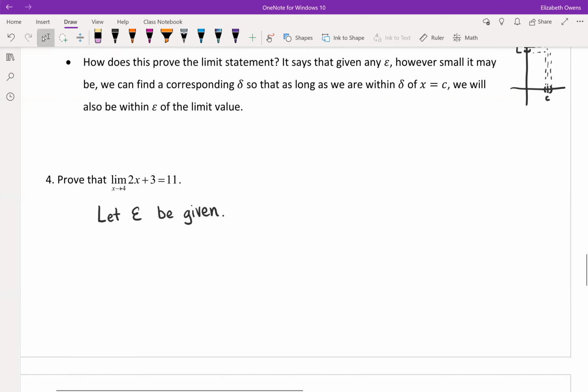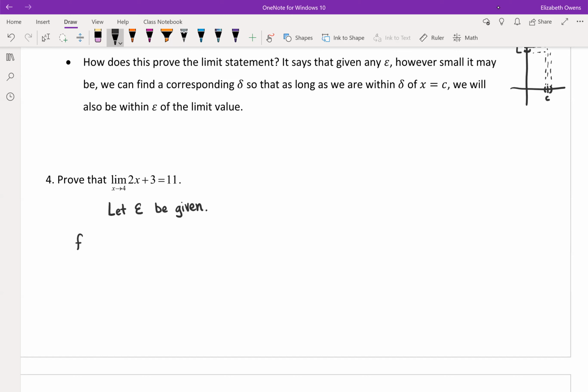That is essentially the part that says, challenge accepted. You are giving me this epsilon, and in the course of the next couple parts of this proof, I am going to find you a delta to go with that epsilon. Guaranteed.